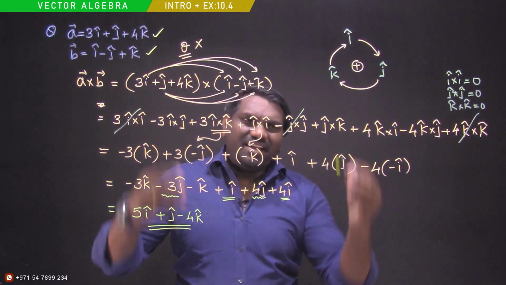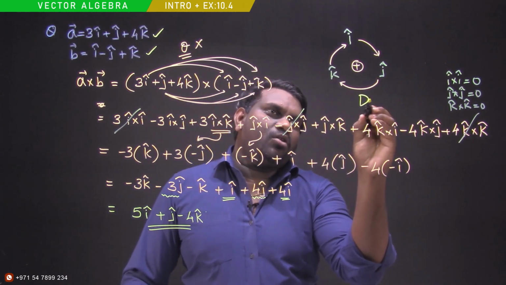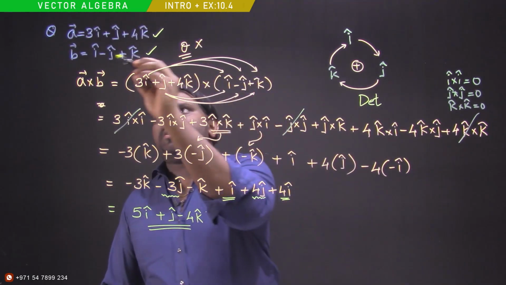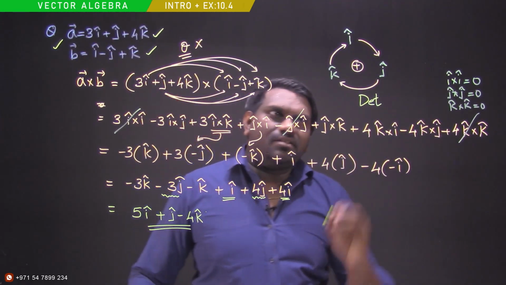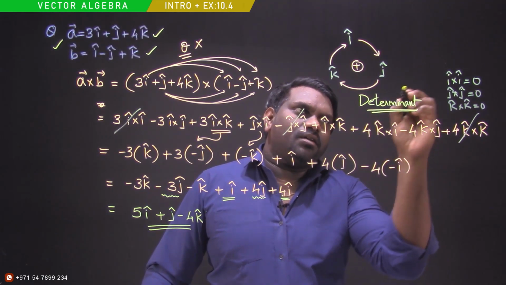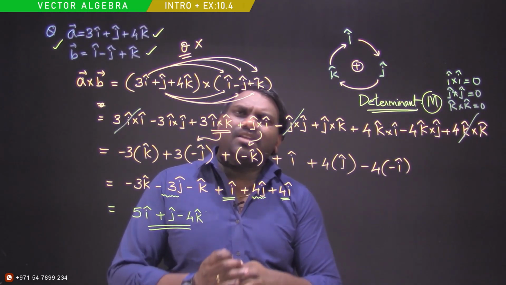Isn't it a lengthier process, as I have told you? So that's why we will move on to our real method, which is how to do it if such a question is asked. The determinant method is what I am going to teach you.